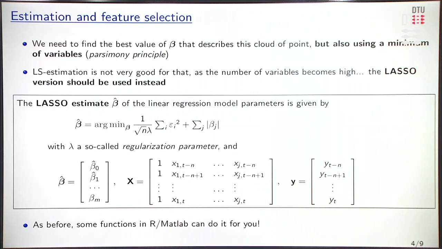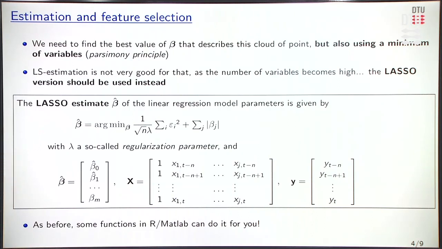It's called the lasso, and the lasso is a generalization of this least square estimate so as to penalize the parameters and their estimate, and so as to have the minimum number of those parameters being non-zero.